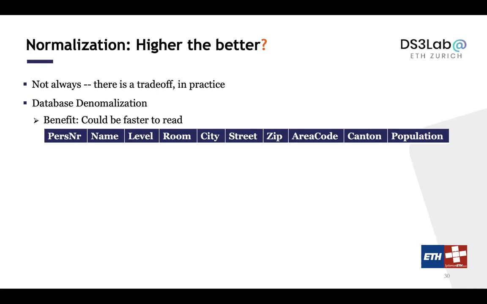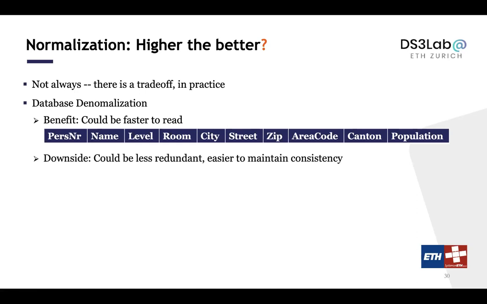In some applications, you might find it beneficial to put all the information together, to lower the level of normal form, because when you put everything together, you actually have better locality. If your application, whenever it reads your data, always needs this combination of information, putting them together will make the reading process much faster because I do not need to join multiple tables.